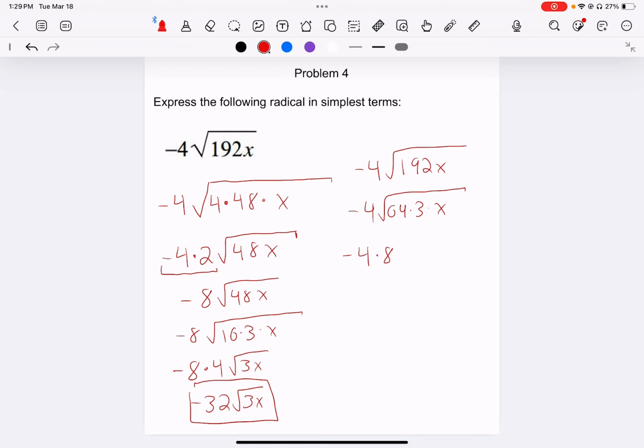So I have negative 4 times 8, and then radical 3x. Negative 4 times 8 is negative 32, radical 3x. So I still end up with the same answer. Even if you don't take the largest perfect square at first, you just have to keep simplifying it till you cannot factor out any other perfect squares.